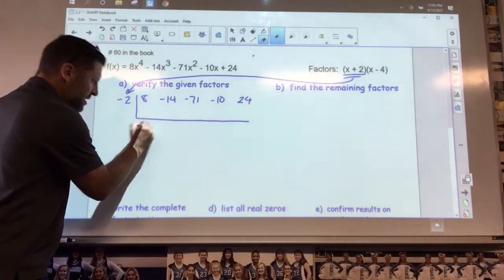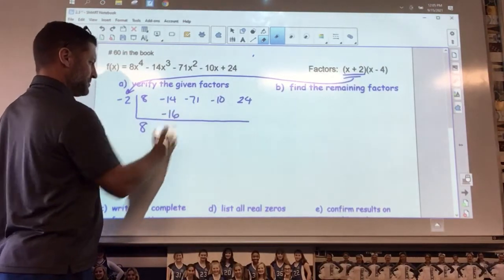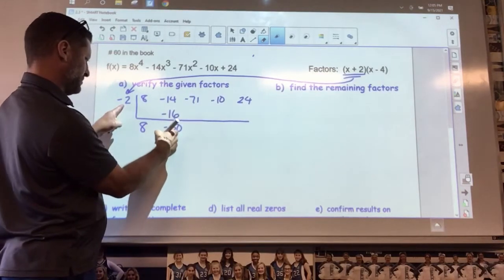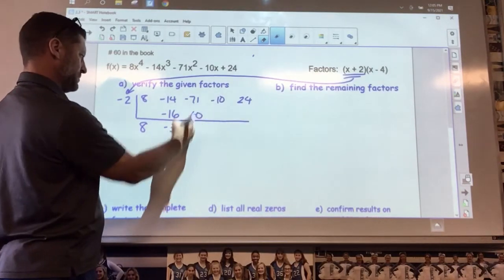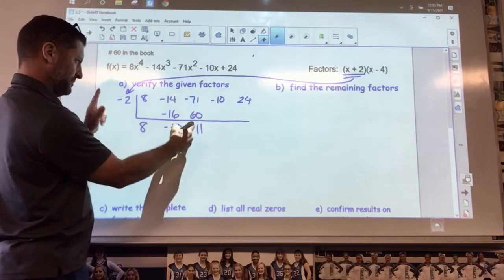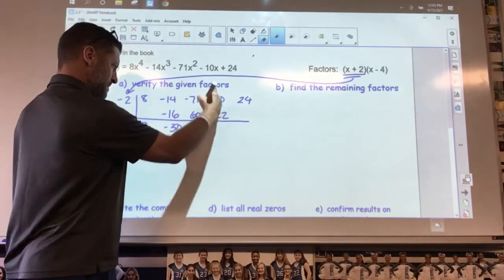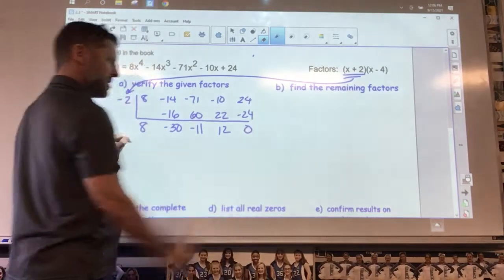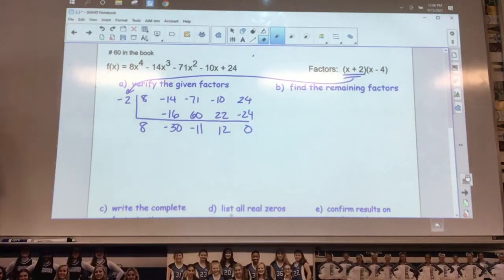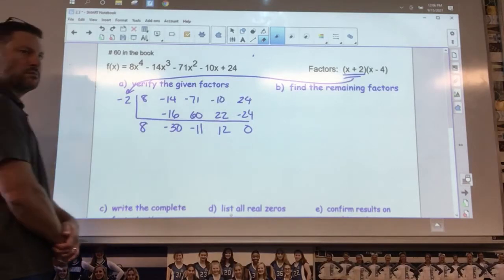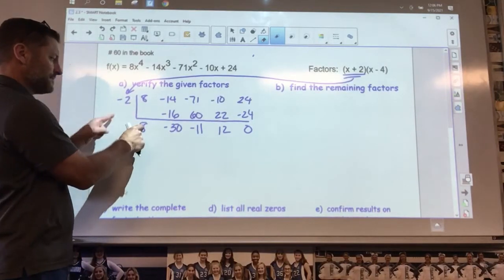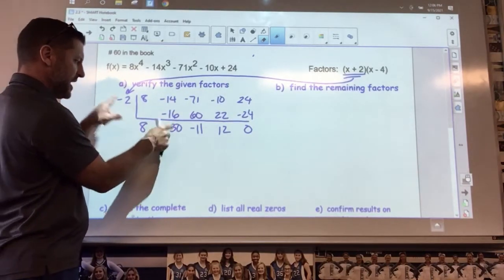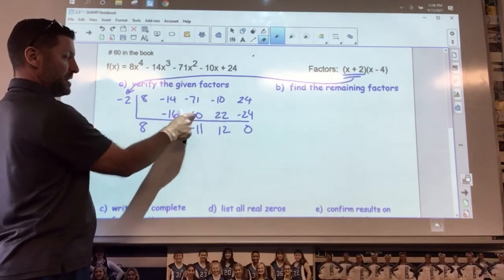Eight. Negative 16, negative 30, negative 60, or positive 60, because those two make positive 60.